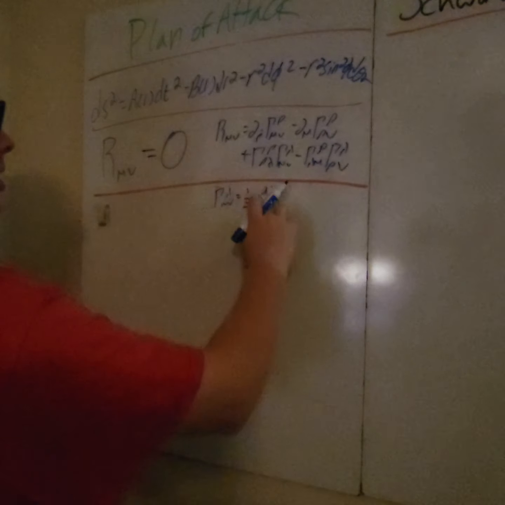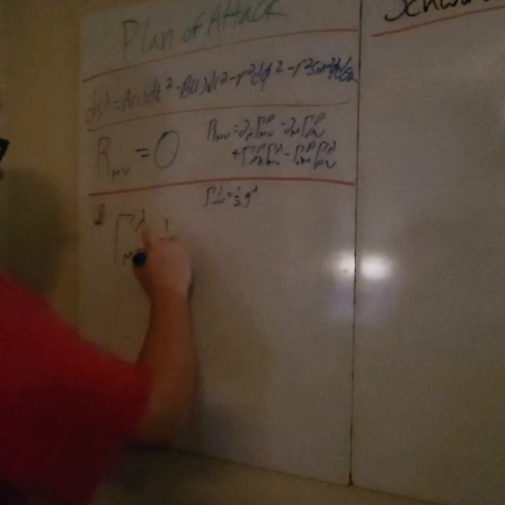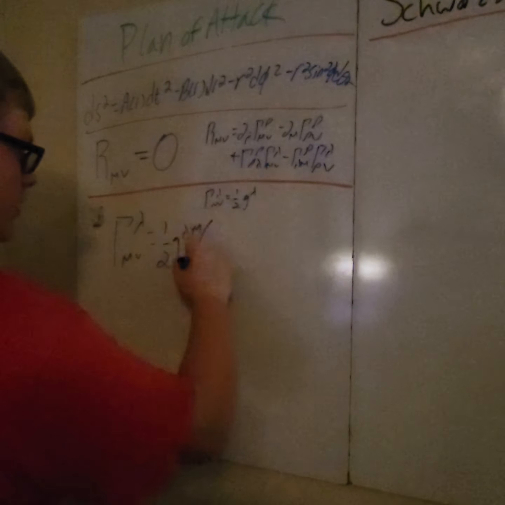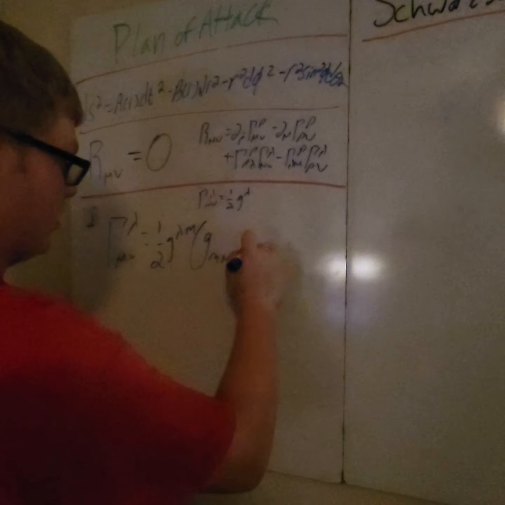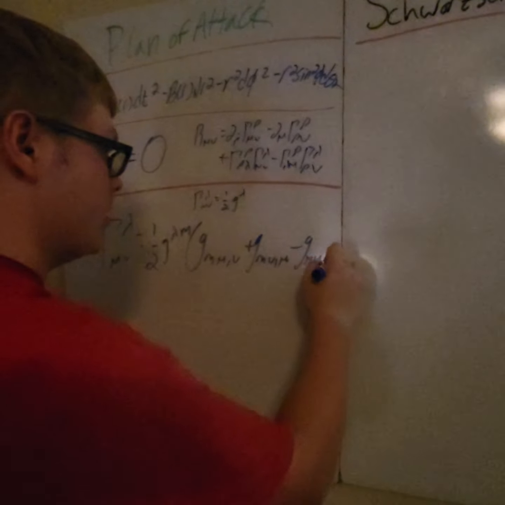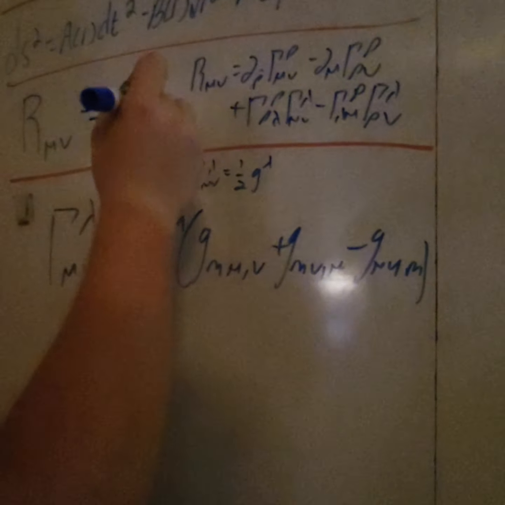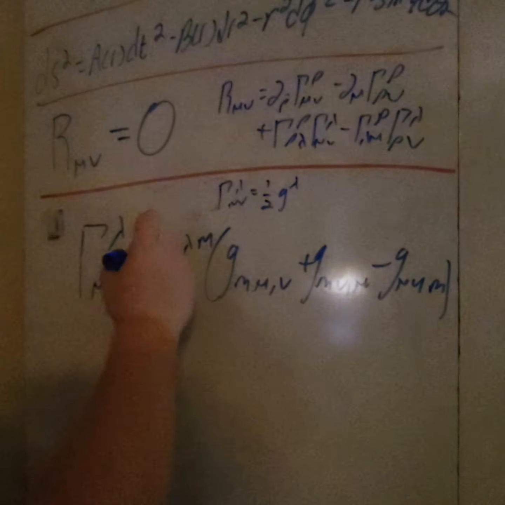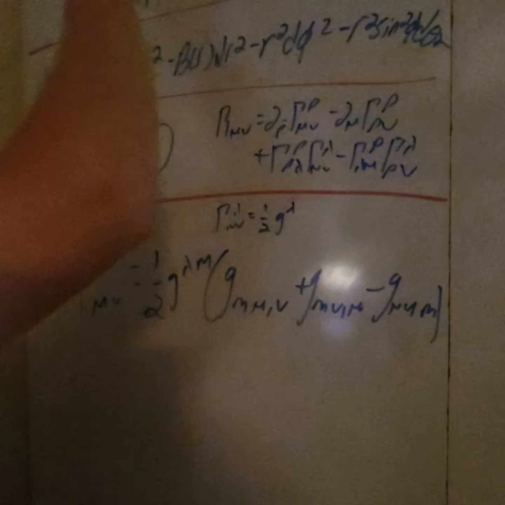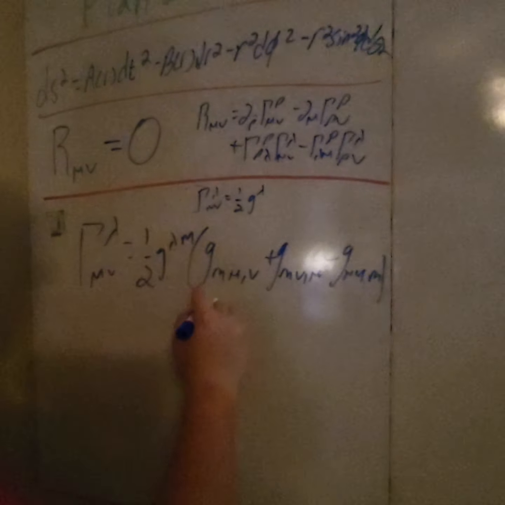The Christoffel symbol is this right here. Since our metric tensor is diagonal, our inverse metric tensor components are just 1 divided by those components, which is greatly simplifying.